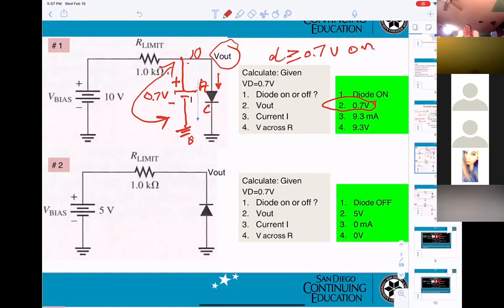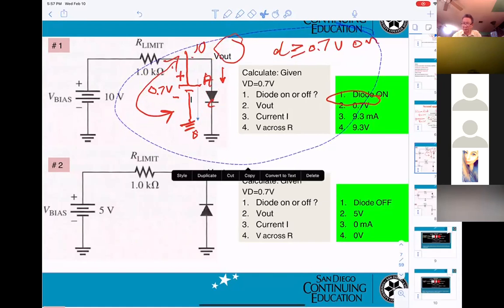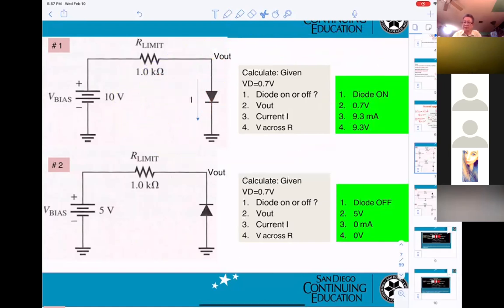That's it. So now, if they want to calculate the current, that means they want the current flowing here. I equals V over R, so you need VR.